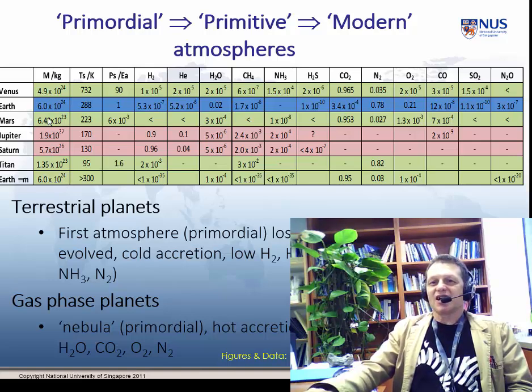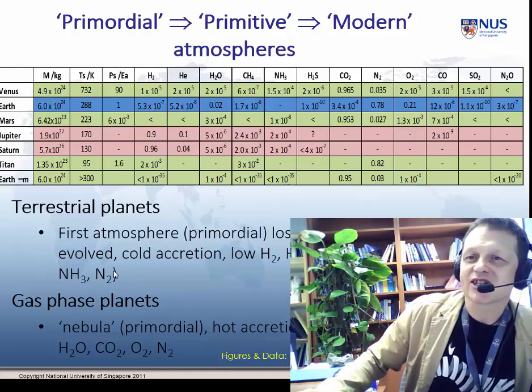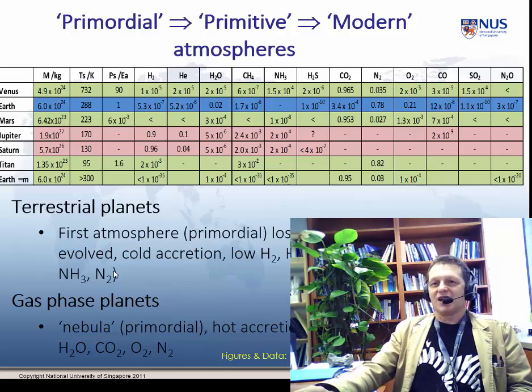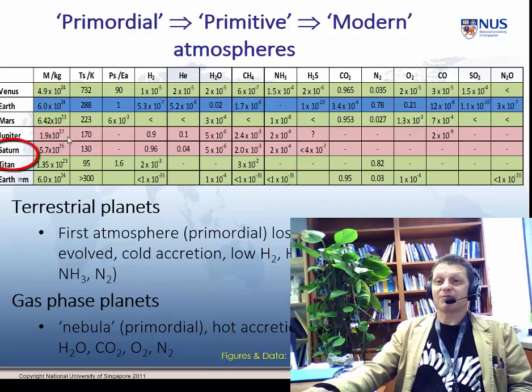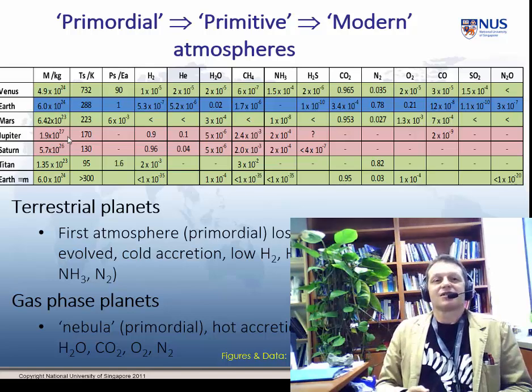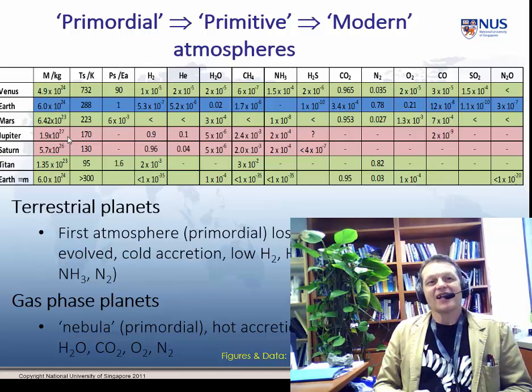The green type of bars are, if you like, the terrestrial planets, the metal planets. The pink planets are the gas planets. Remember, there were two types of planets, two types of process that formed them, and actually two types of atmosphere.